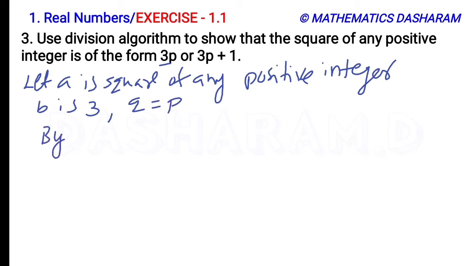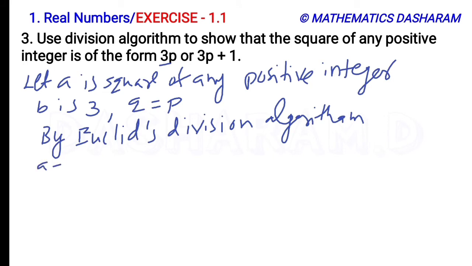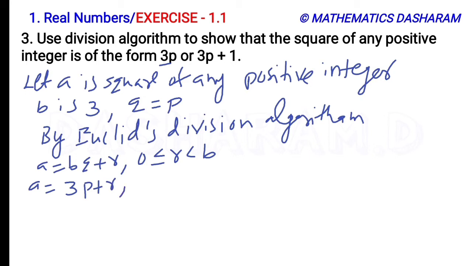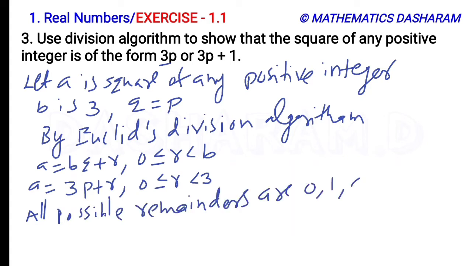Now by Euclid division algorithm, a equals bq plus r, where 0 is less than or equal to r less than b. So a means the square of any positive integer, b means 3, q means p. Now the remainder: 0 is less than or equal to r less than b, the b value is how much? 3. So as per this condition, all possible remainders are 0, 1 and 2, because the remainder is less than 3.